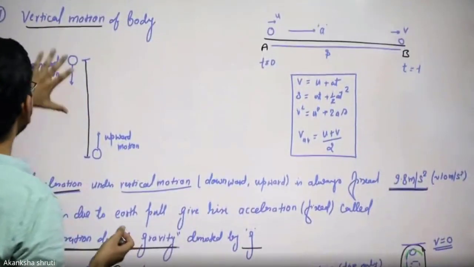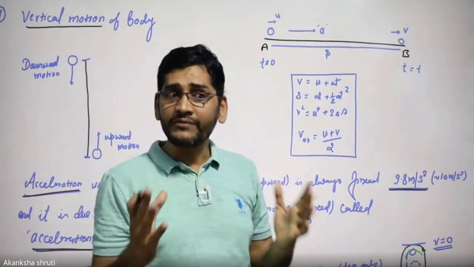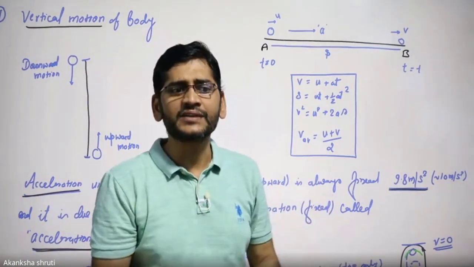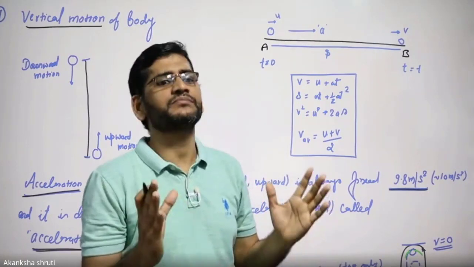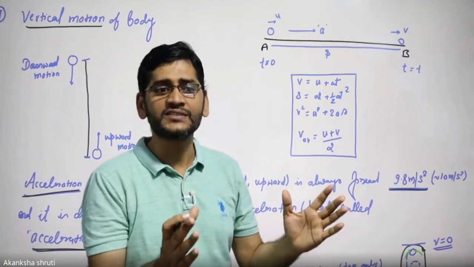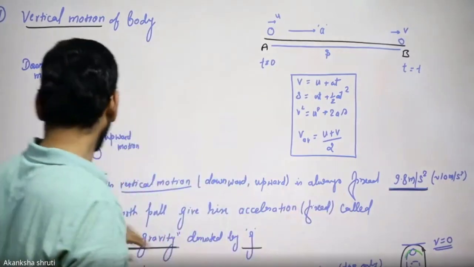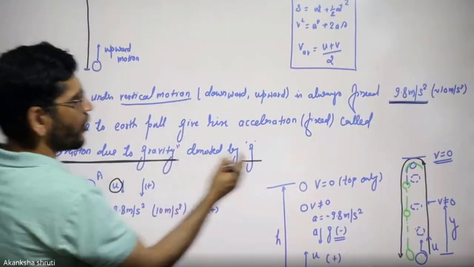Now, while the body is under downward or upward motion, its speed always changes at a fixed rate. That change of speed at a rate is called acceleration. So the body always has a fixed acceleration. That value is nearly 10 meter per second square. Keep in mind, students, acceleration under this vertical motion is always fixed.